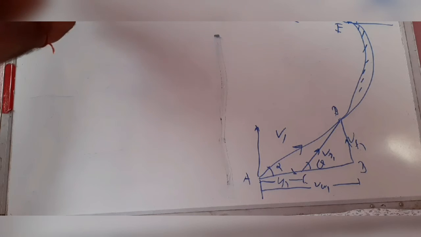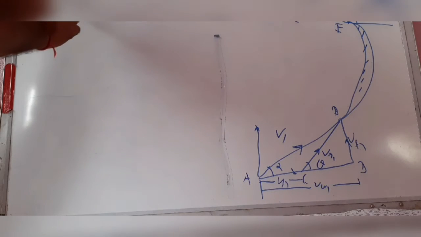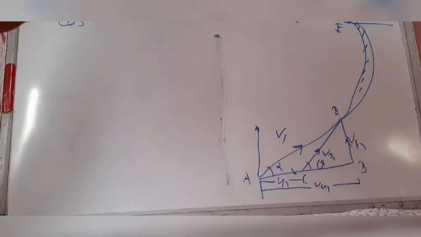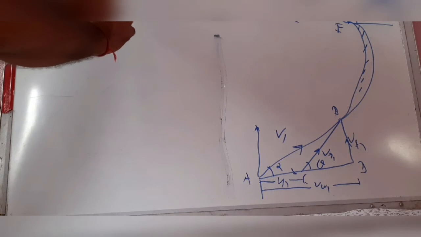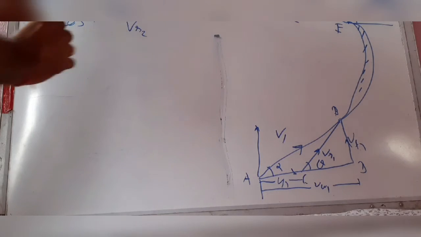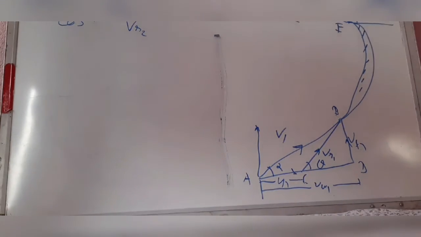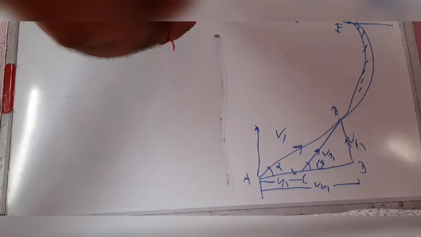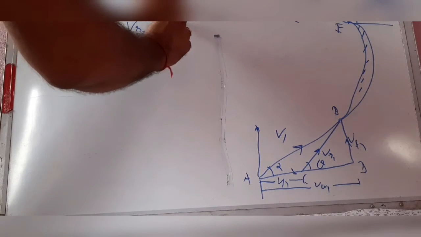Now from triangle EFG, here cos phi is equal to U2 by VR2. Putting the values here, this is 20 and VR2 is 24.78.